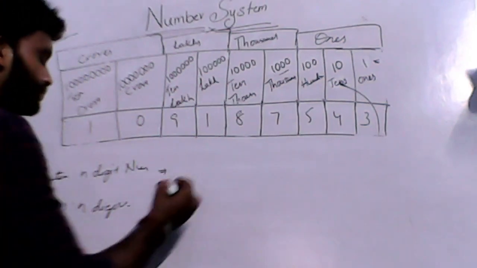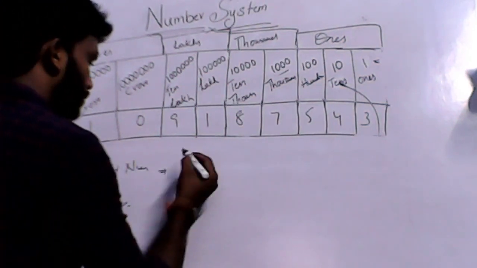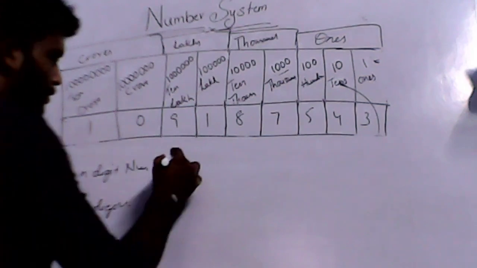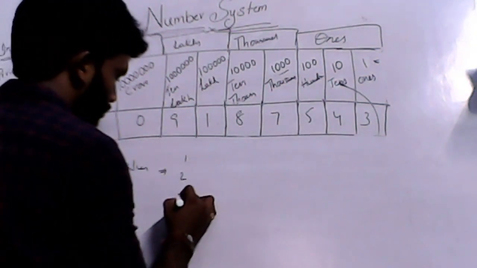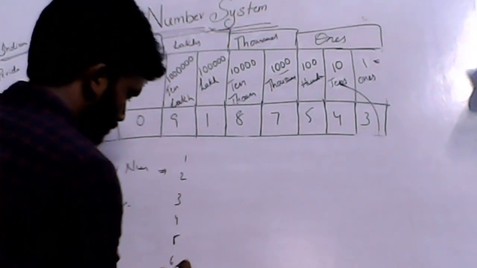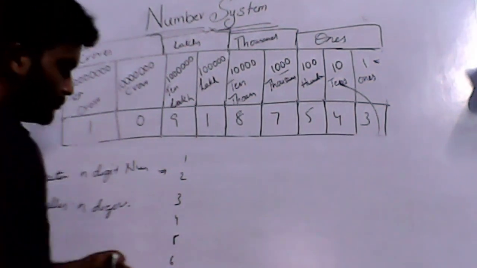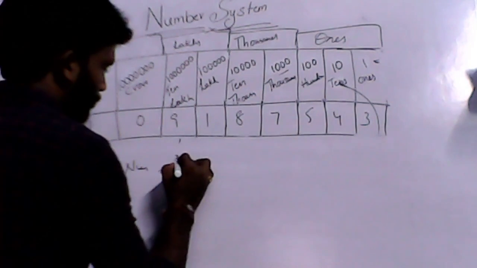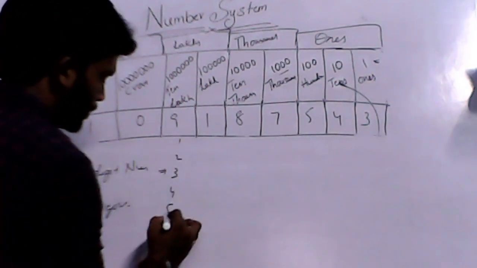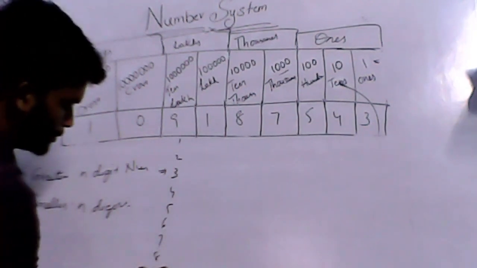For example, let's have different digits as 1, 2, 3, 4, 5, 6, 7, 8, 9.